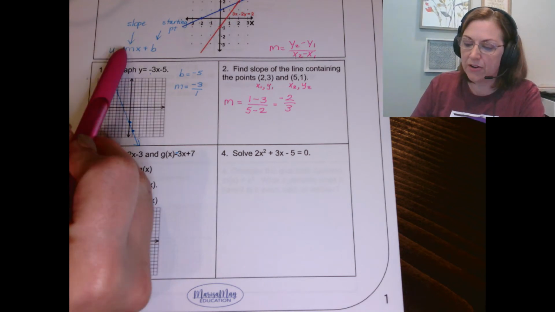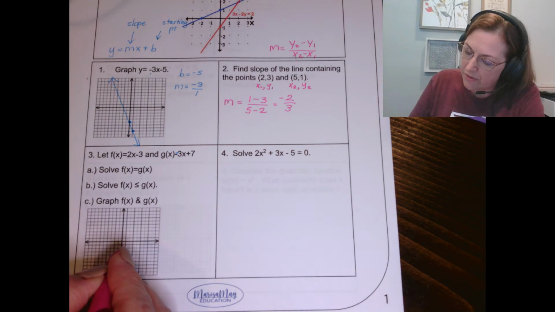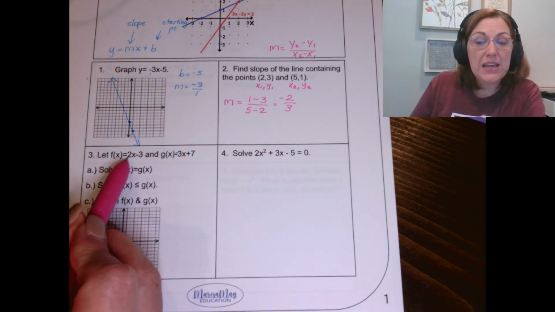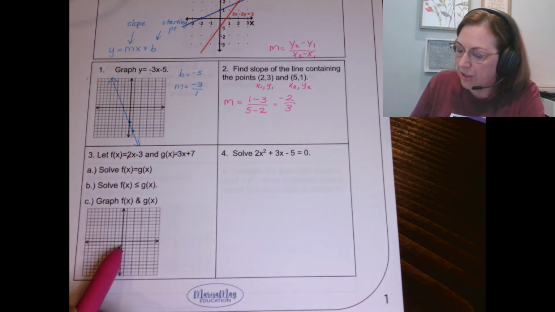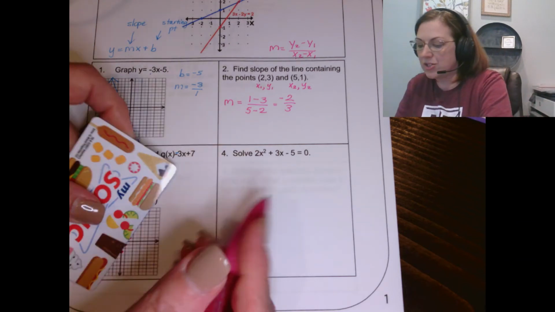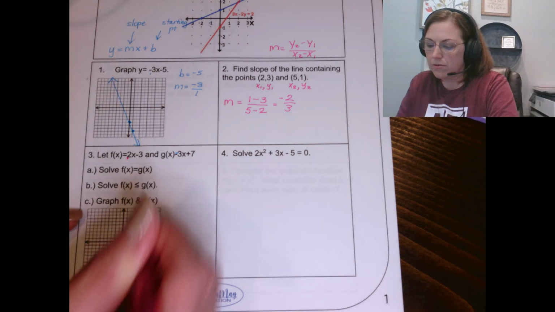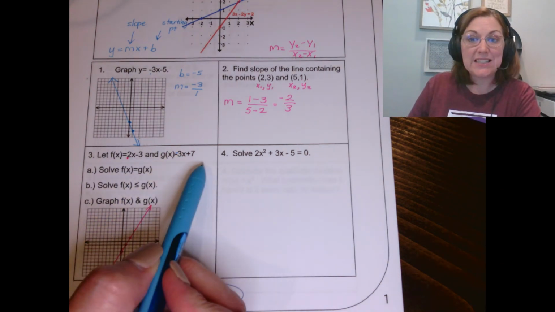Just like I did up here, I'm going to start at my b value, so I'm going to start at -3. And I'm going to use my m value of 2. Remember, 2 over 1. So from here, I'm going up 2 over 1. Do it again, 2 over 1. And I'm going to graph it with my straight edge. And then let's do the other one, 3x plus 7.